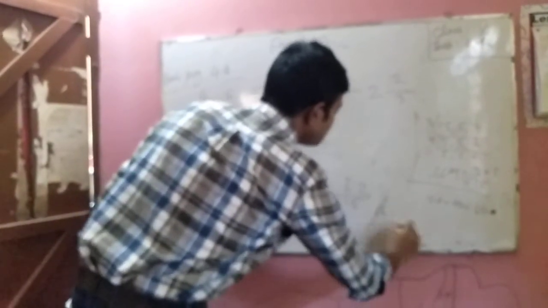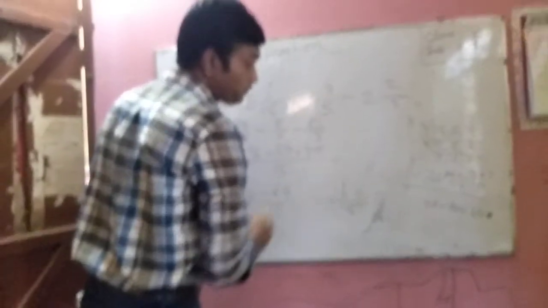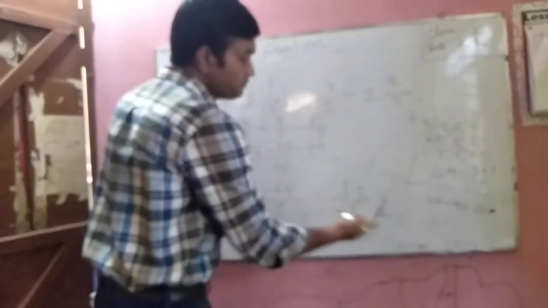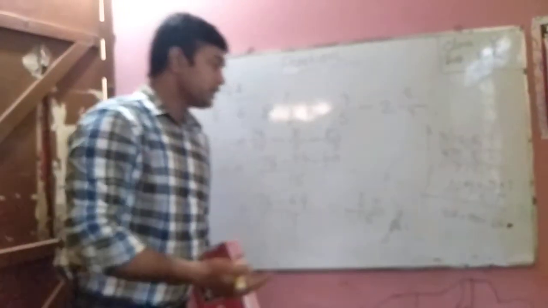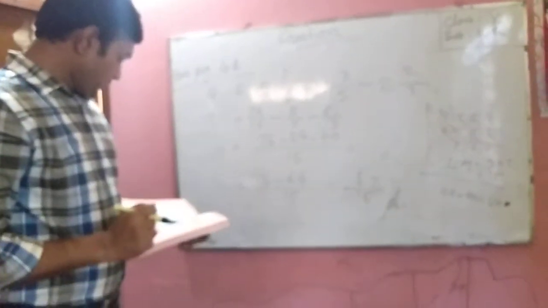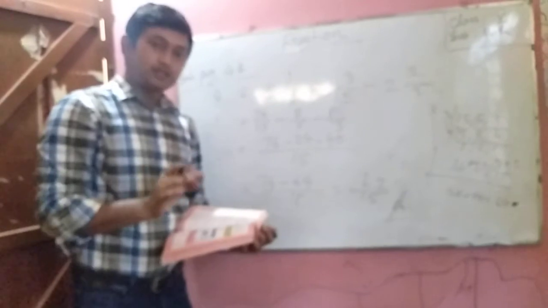This is the answer. It cannot be converted into a mixed fraction because it is a proper fraction. You can see that the numerator is less and the denominator is greater, so it will be the answer.